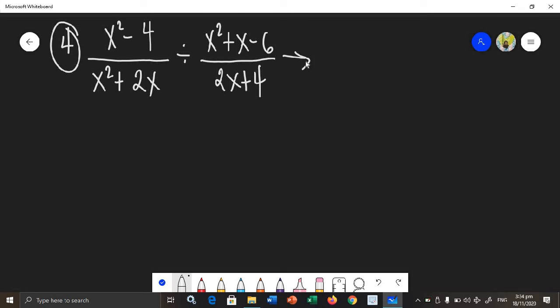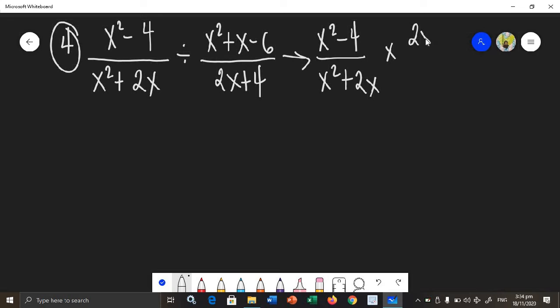So again, applying the two rules first, we need to change the operation and get the reciprocal of the divisor. So we have x squared minus 4 over x squared plus 2x. We need to change the operation to multiplication and get the reciprocal of the divisor.